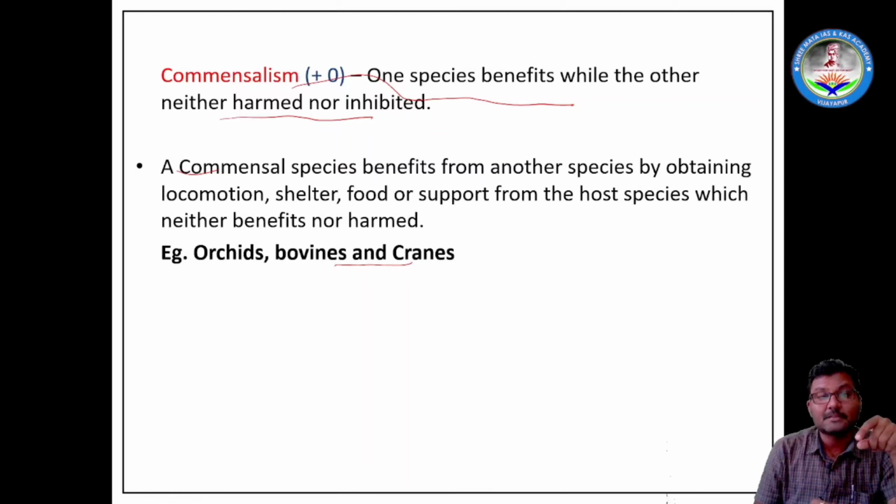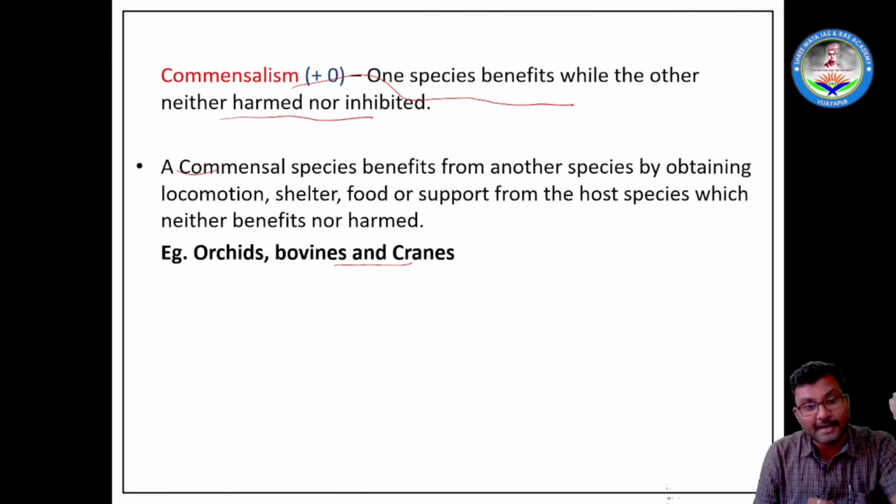But these orchids are taking only shelter. Other than shelter, they are getting nothing or taking nothing. The orchids are not harming the host plant. The plant on which the orchids grow is called the host plant. Orchids just take shelter and get nutrients from the atmosphere. It is not causing any harm to the host plant.